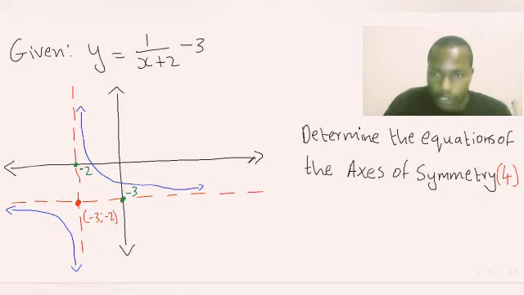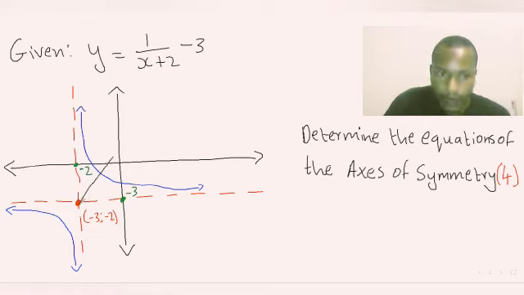In the question, we've been given the equation y equals 1 divided by x plus 2, minus 3, and we are asked to determine the equations of the axis of symmetry. If we were to write out these equations, I'm going to draw them out. Remember that they stem out from this point over here, which is the point of intersection of the asymptotes.